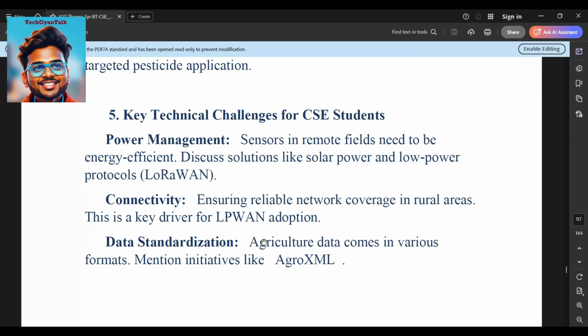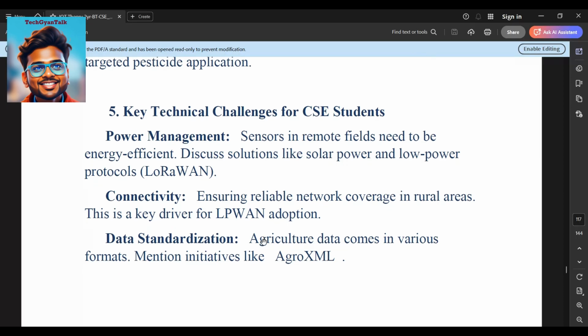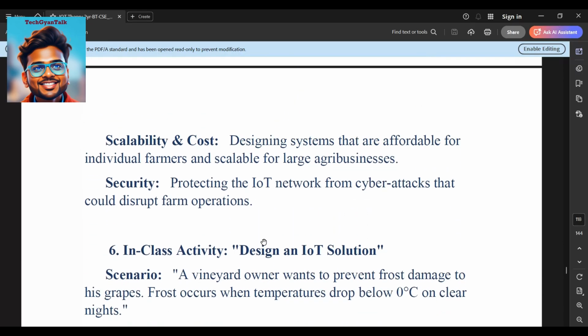And data standardization: in this application, data comes in various formats. Mention initiatives like Agro. Scalability and cost: designing systems that are affordable for individual farmers and scalable for large agri businesses. Security: protecting the IoT network from cyber attacks that could disrupt farm operations.